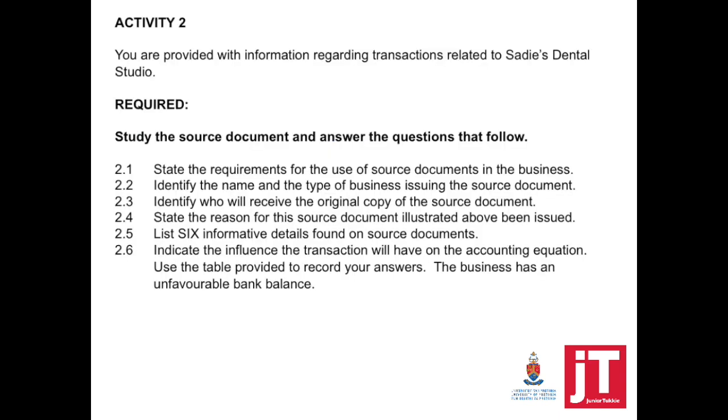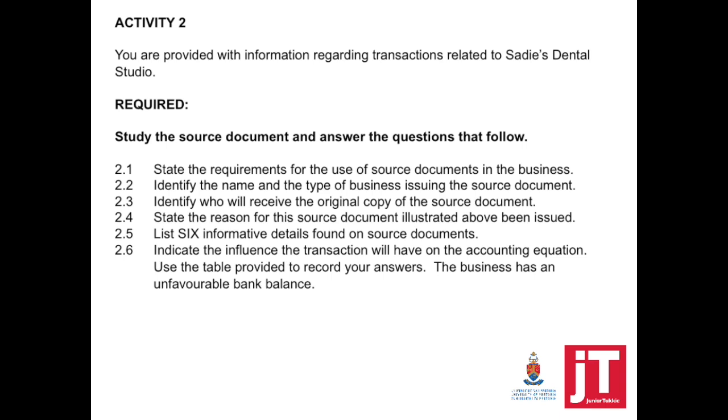We're going to look now at Chapter 2, Activity 2. You are provided with the information regarding transactions relating to Sadie's Dental Studio. Required, study the source document and answer the questions that follow. 2.1. State the requirements for the use of source documents in the business. 2.2. Identify the name and the type of business issuing the source document. 2.3.